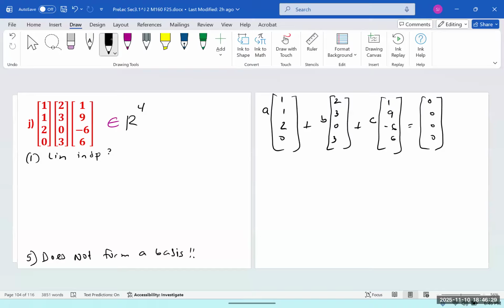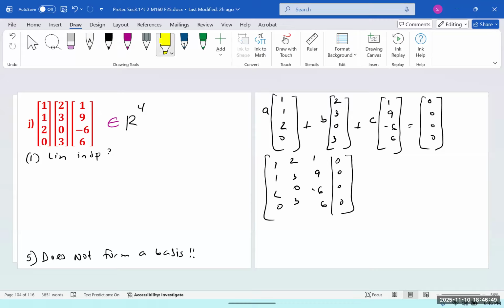So we have 1120, 2303, 19 negative 66, and 0, 0, 0, 0. If you reduce, we want this to be 0. This is 2. We want this to be 0. So R2 is R2 minus R1, and R3 is R3 minus 2R1.